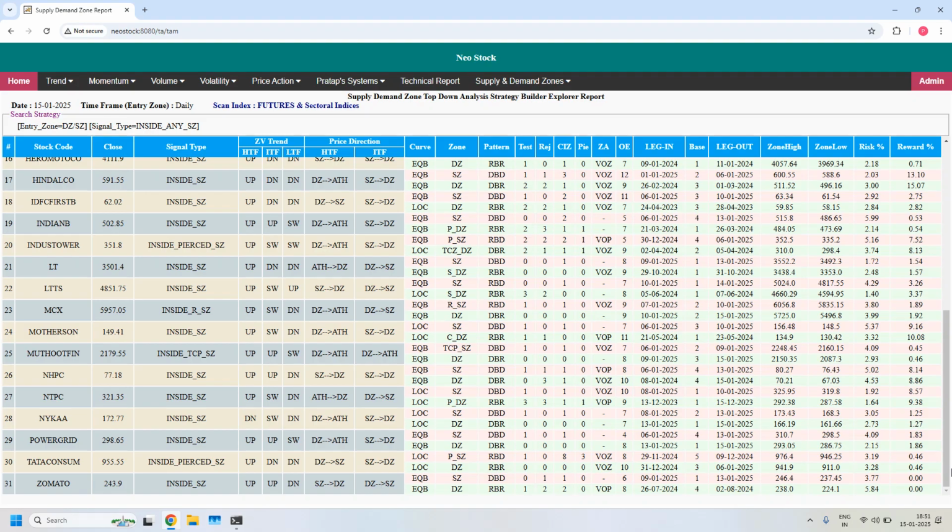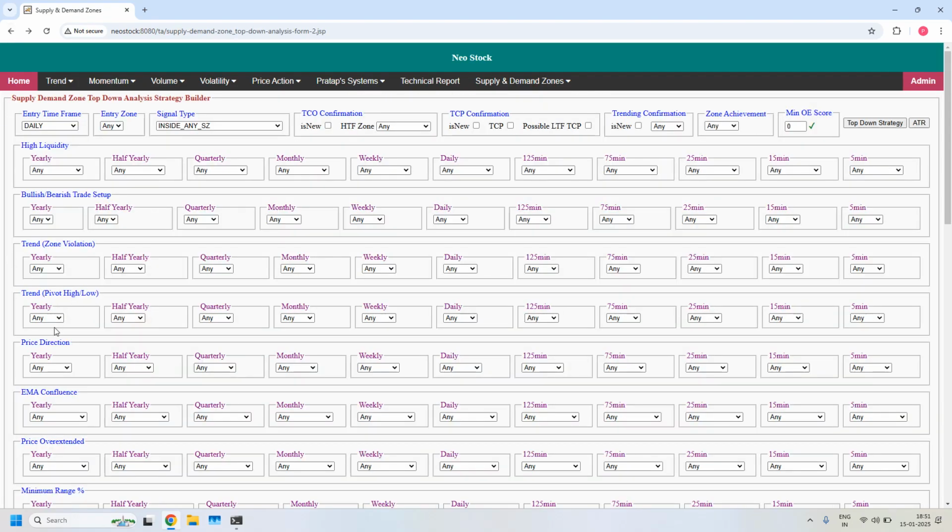Okay, now let us further filter this list based on the daily supply zones having daily EMA confluence. So in the EMA filter at a daily time frame, I am setting the filter daily supply zone having daily EMA confluence. And the trend on the daily time frame should not be sideways.